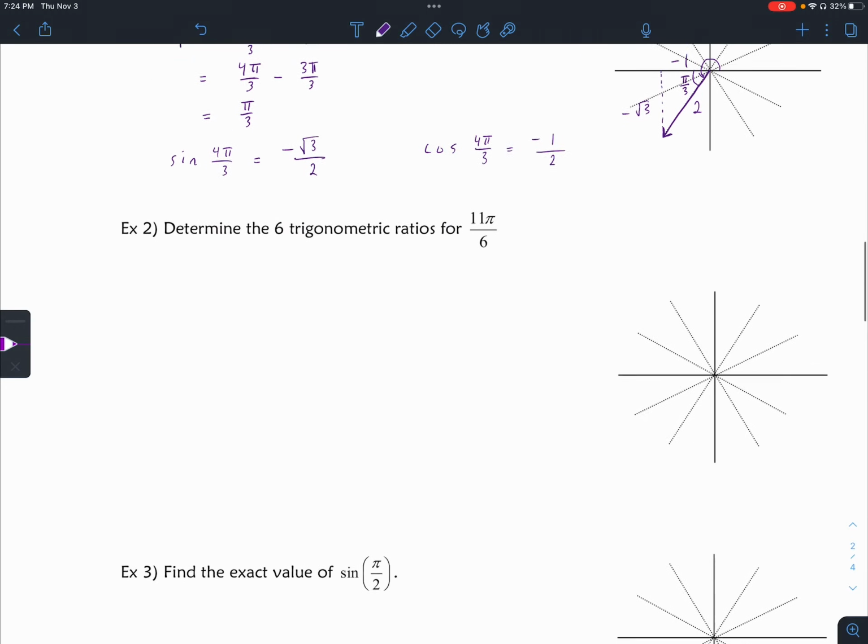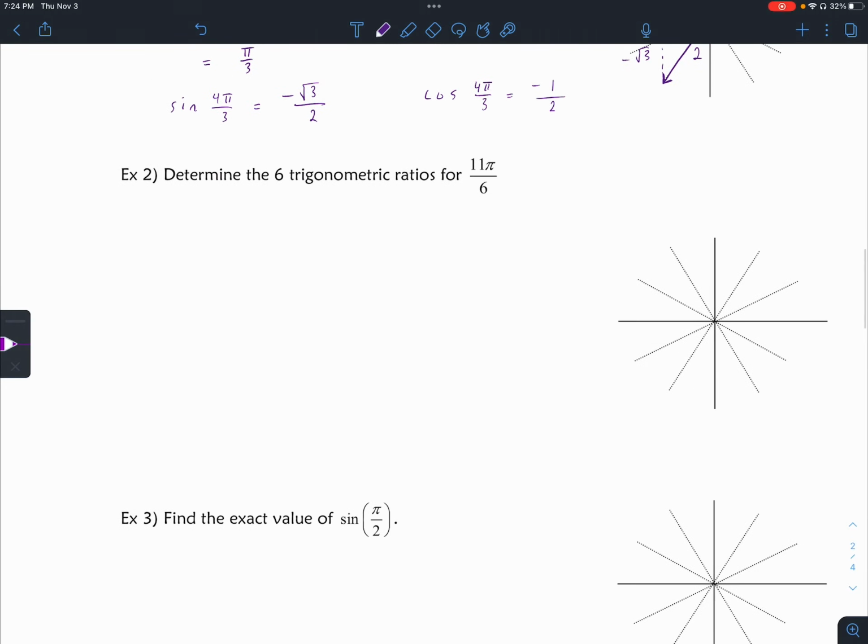Okay, let's go on to writing the 6 trigonometric ratios for 11 pi over 6. Now 11 pi over 6 is very close to 12 pi over 6, and 12 pi over 6 is 2 pi. One way of figuring out the related acute angle is to take 2 pi and take away 11 pi over 6.